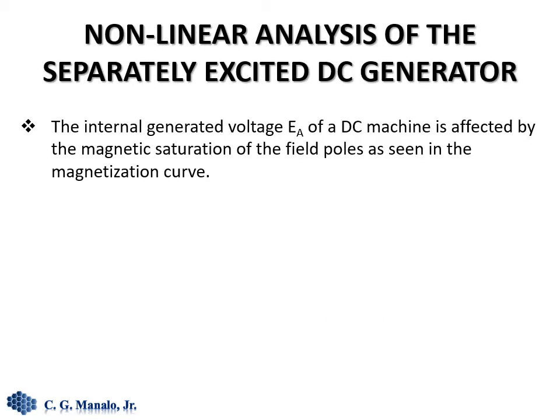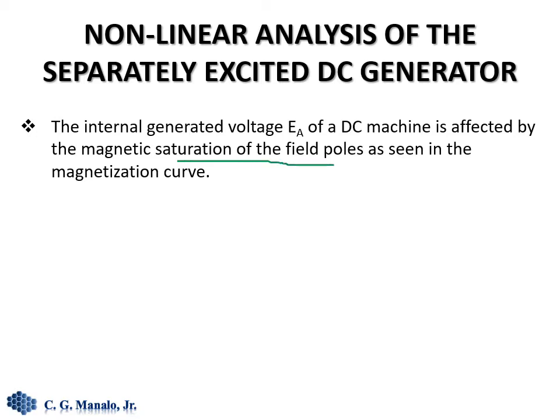So far, what we have done in our examples is to show the linear characteristics of the separately excited DC generator. On the succeeding parts of this video, we're going to cover nonlinear analysis. This is important because the internally generated voltage of a DC machine is usually affected by the saturation of the field poles.